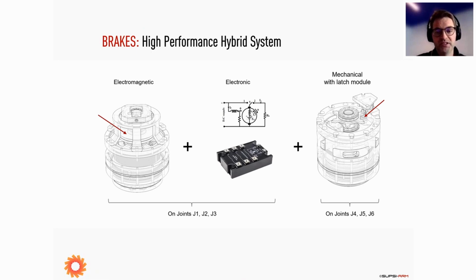Okay, two words about the braking solution. So we came up with this design, which we thought was the best. You cannot just choose a solution and use it everywhere in the robot. That would not be efficient, because the bigger joints have specific requirements and the smaller joints have different requirements.